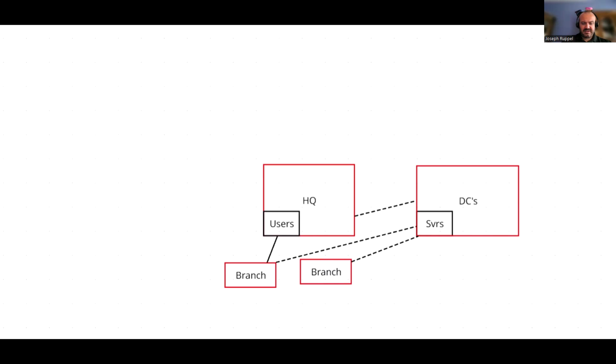Okay, we have to make a VPN here, and another VPN here. Now we have all our site-to-site VPNs, and this is not so much the hub-and-spoke style. This is the mesh style.